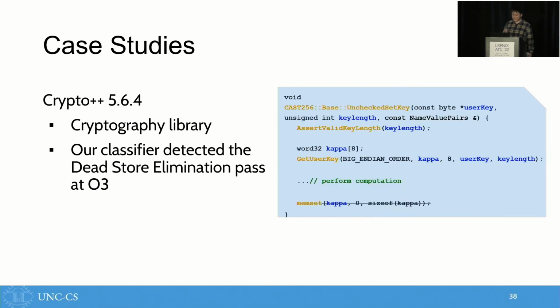And the same with Crypto++, which is a cryptography library. Our classifier detected the dead store elimination pass at O3 optimization for the CAST256 encryption function, where the developers erase the intermediate result inside the variable kappa, but the compiler removed this erasure.